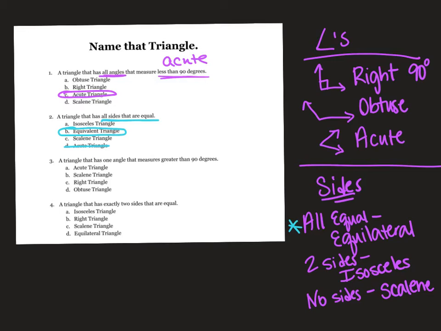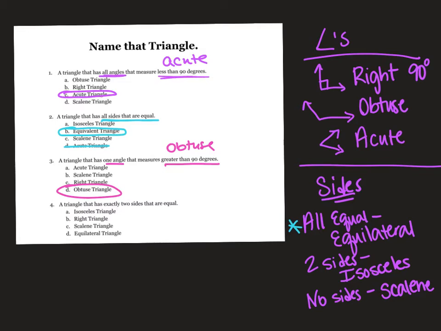All right, number three says a triangle that has one angle that measures greater than 90 degrees. So that tells me that it has an obtuse angle in it, which also tells me that it has to be an obtuse triangle. Remember that it can only have one obtuse angle in it because all three angles in a triangle have to add up to 180 degrees.